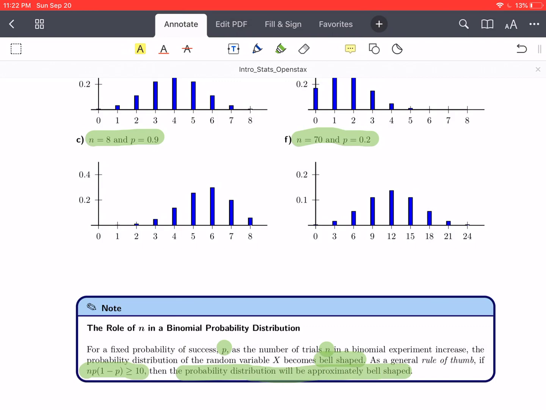And that's good for us for reasons we haven't talked about yet, but bell-shaped curves are ones that we're going to be able to work with very well in statistics, and we're going to work with bell-shaped curves for most of the rest of the semester. So this is just leading us into that. But this is, again, a brief look at the types of graphs of these binomial probability distributions.